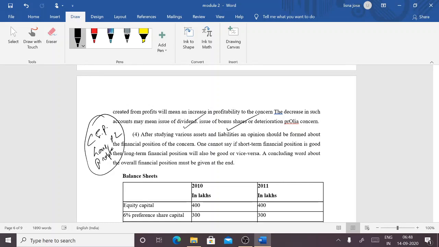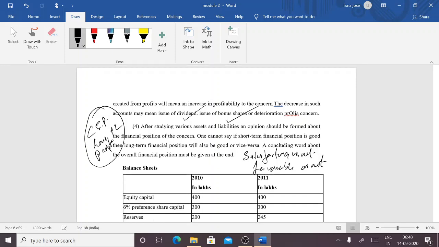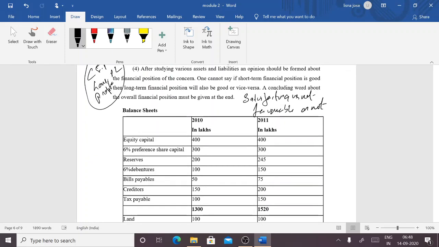This is what we need to do in the final part, where we are interpreting the overall financial position of the company, whether it is satisfactory or not, or it is favorable or not, etc.